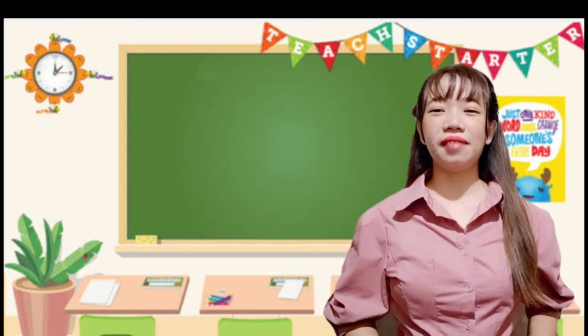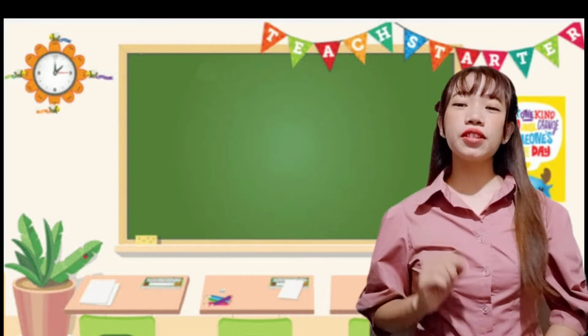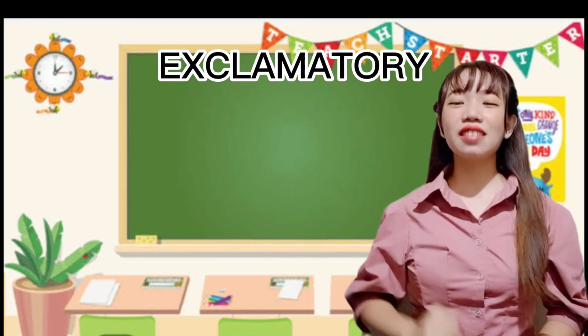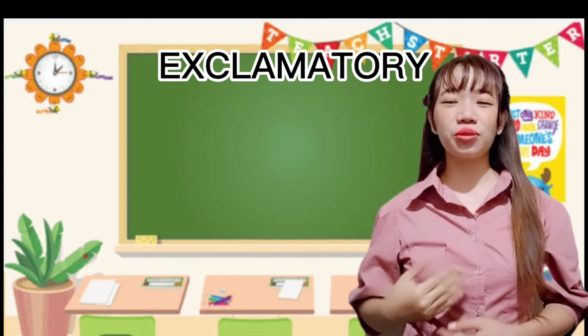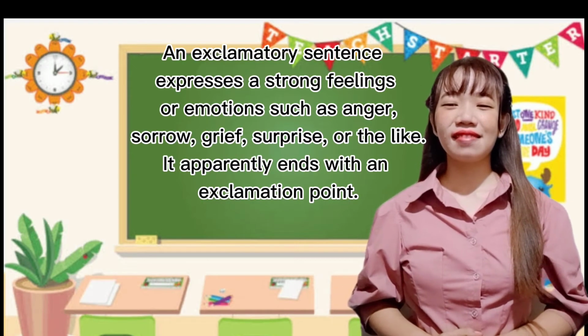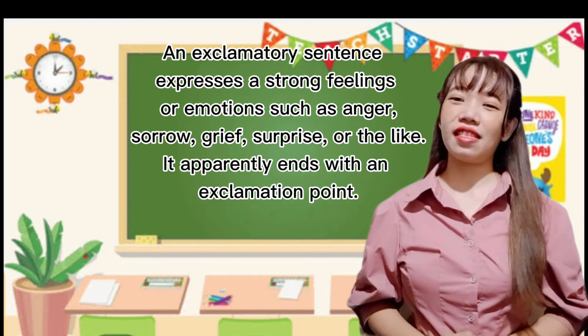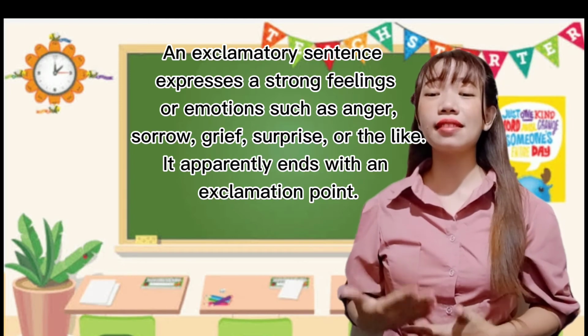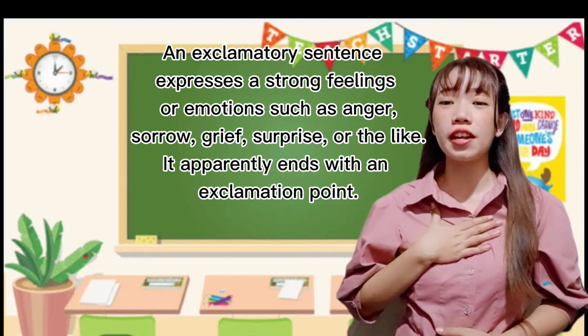Marvelous. Okay. Now let's proceed to the last type of sentence, which is the exclamatory sentence. Will you please read the definition, Yvonne? Very good. Thank you, Yvonne. So when we say exclamatory sentence, it expresses a strong feeling or emotion.